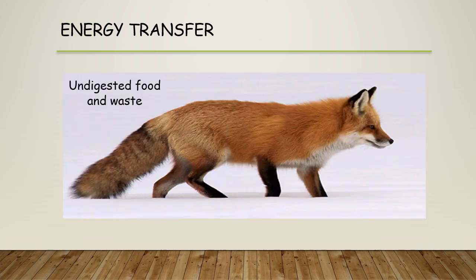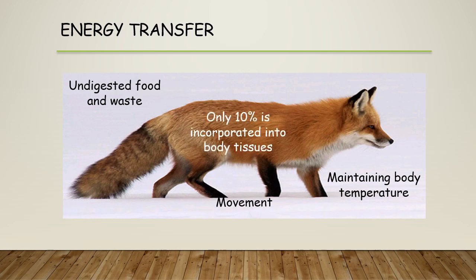So energy in undigested food and waste is lost. Energy used for movement is lost. Things like maintaining body temperature is something we talked about in the last unit, in our metabolism unit. So only 10% of the energy that this fox consumed is then incorporated into its body tissues and therefore passes on to the next trophic level.